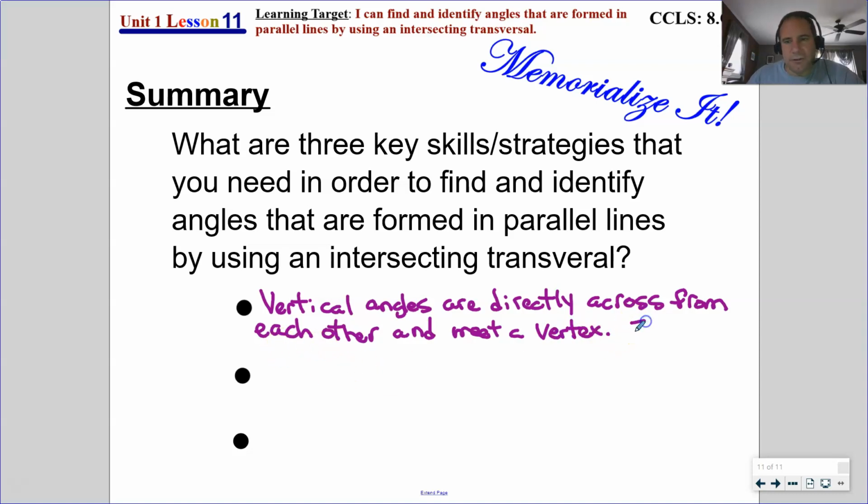They are congruent to each other. Vertical angles. Then say something about alternate interior. Then say something about alternate exterior. Corresponding. You could say corresponding angles.